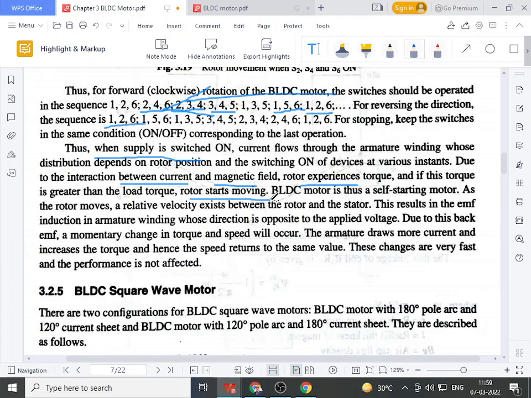For the synchronous motor there is one clause. The synchronous motor is a self-starting motor, but when it starts, it acts as an induction motor. We have to bring the rotor speed up to synchronous speed.